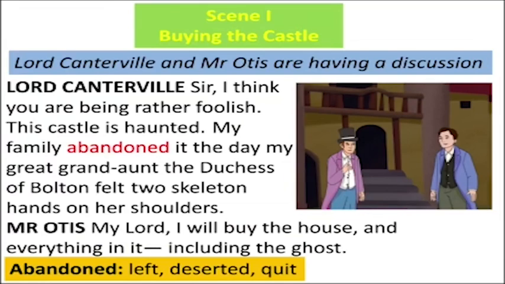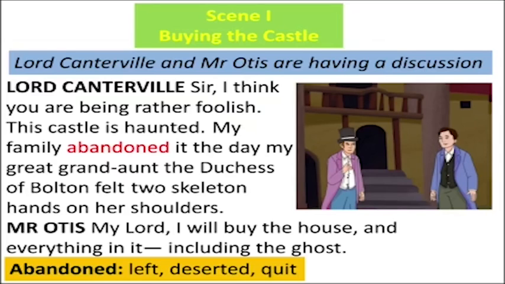So here Lord Canterville says to Mr. Otis that you shouldn't buy this castle because this is a haunted one, and he also tells the background of the castle that the Duchess of Bolton, means her great-grand aunt, felt skeleton hands on her shoulders.